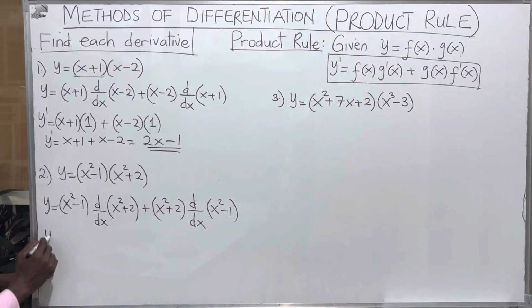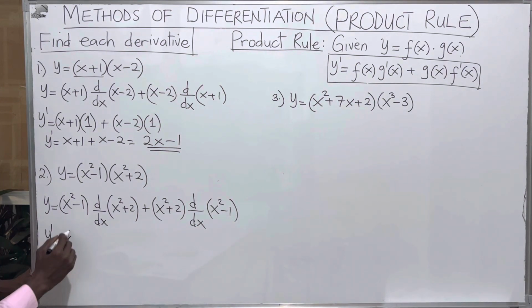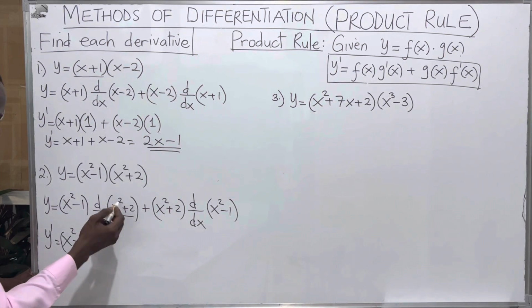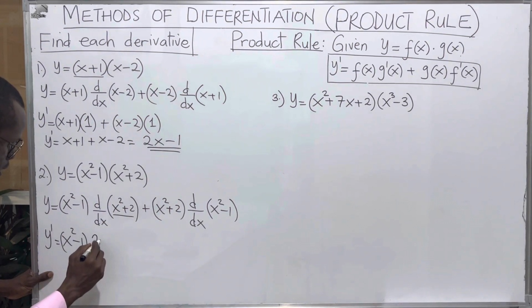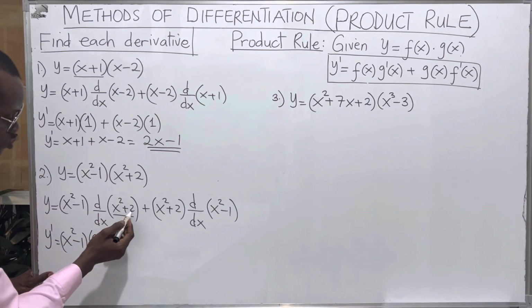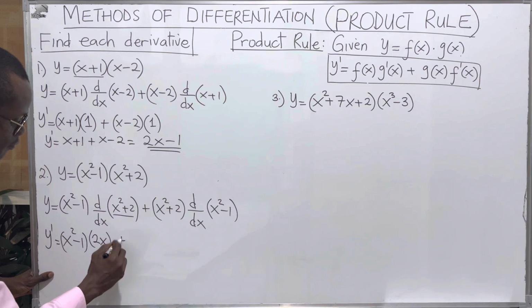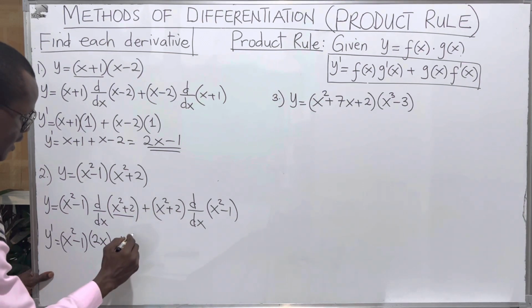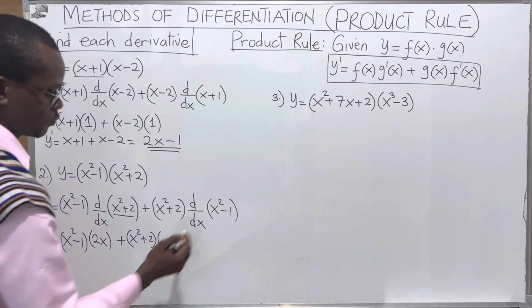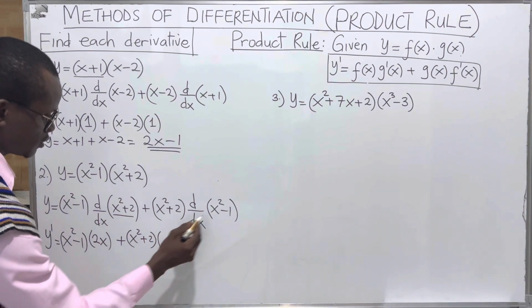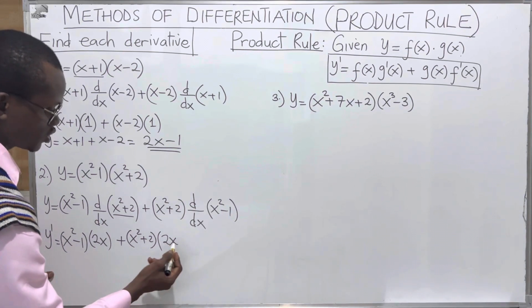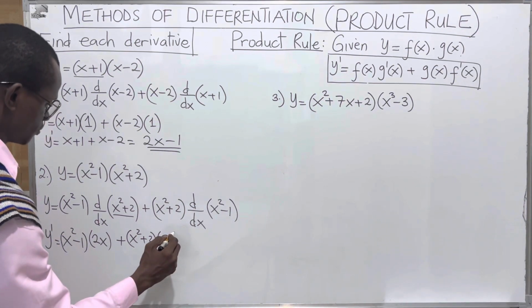So now we can write our y prime equals x squared minus 1. Now let's differentiate in here. The derivative of x squared, we bring the 2 down and subtract 1 from the power. So it's just 2x. The derivative of 2 is 0, since it is a constant. Plus, we write x squared plus 2. Then we differentiate this. You bring this 2 down, it is 2x, and you subtract 1 from 2, which is 1. So it's just 2x. The derivative of a constant goes to 0.